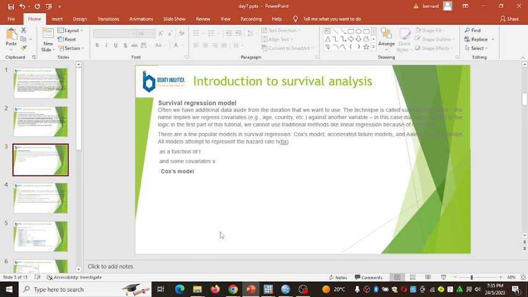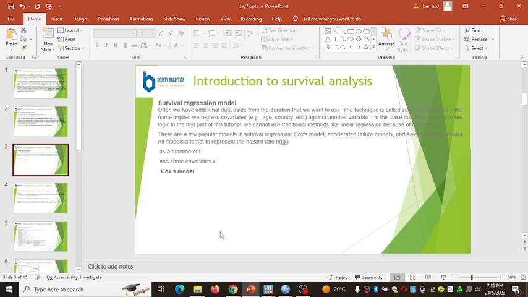The survival regression model is also known as the survival analysis models, or we can call it the time to event model. Are we okay now? It is a statistical model that is used to analyze time to event data.